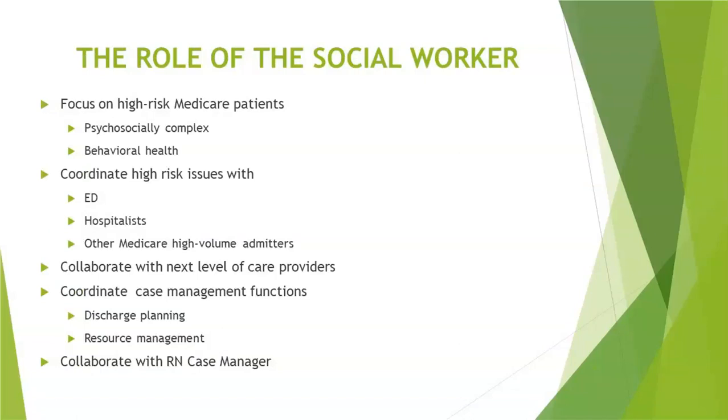High-risk issues should be coordinated with physicians and the ED and hospitalists and others. Also, collaboration with the next level of care provider as part of your role as social worker. You're looking at resource consumption as well, and discharge planning, and of course collaborating with the RN.